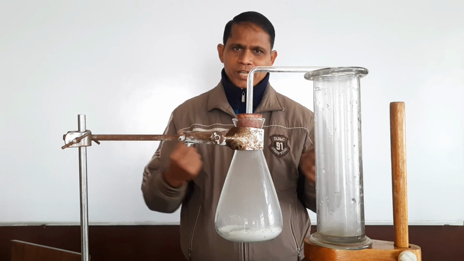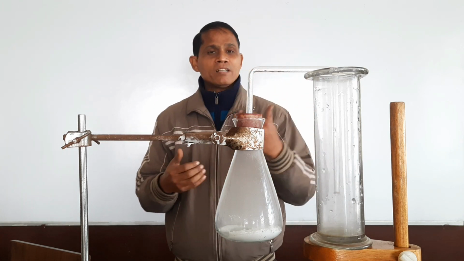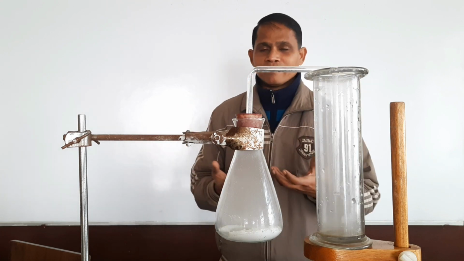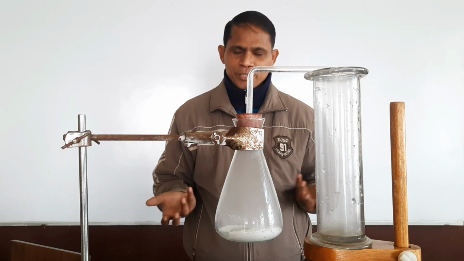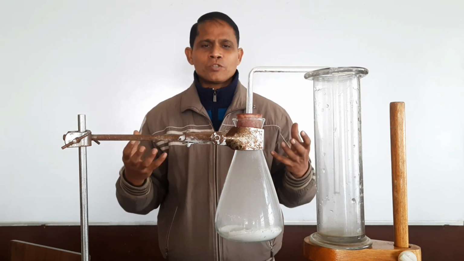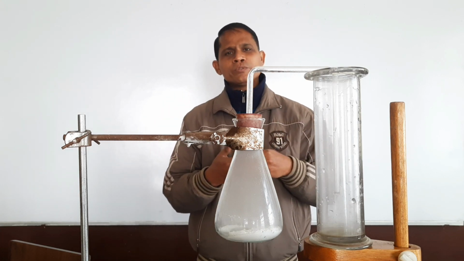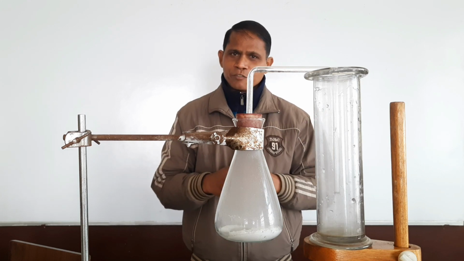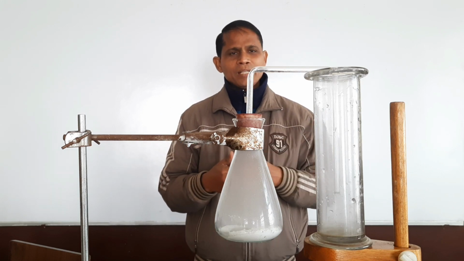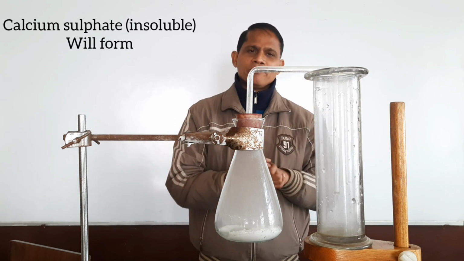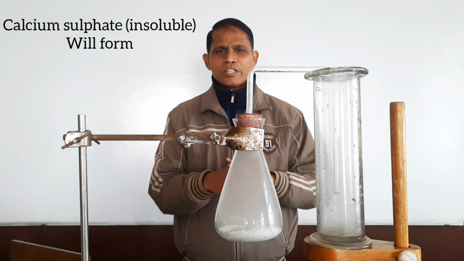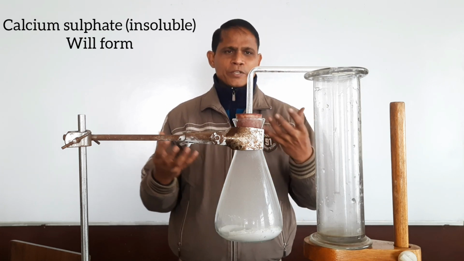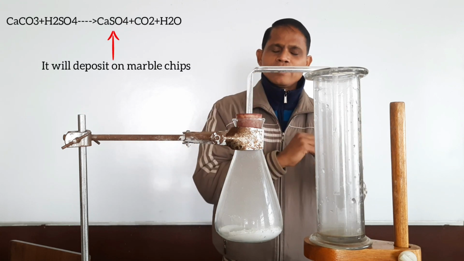Now few questions are there student. First is whether we can use sulfuric acid with calcium carbonate, with marble chips. No student, you cannot use sulfuric acid, you can only use hydrochloric acid. Why? Because if you use sulfuric acid, calcium sulfate will be formed, which will prevent the production of carbon dioxide.